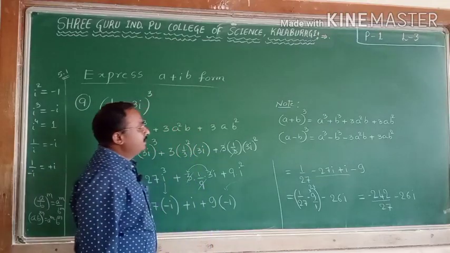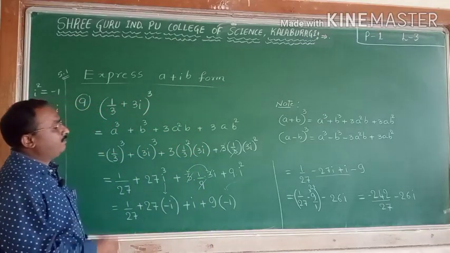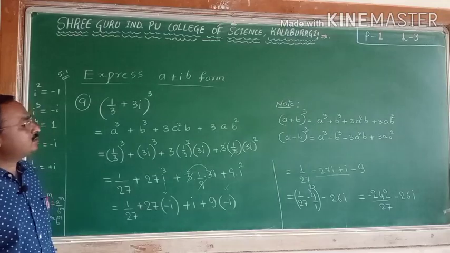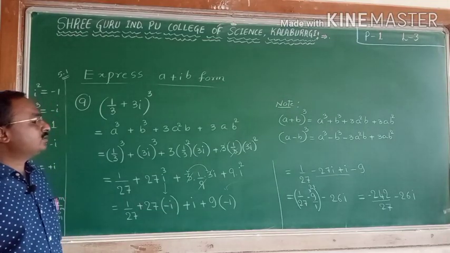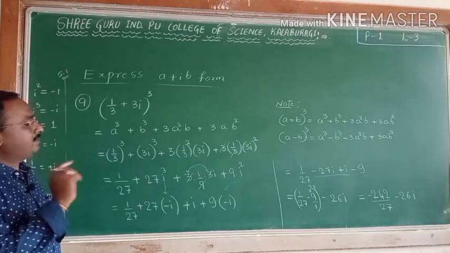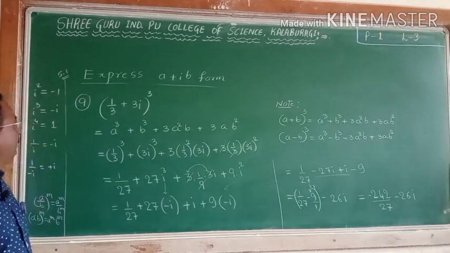Here a plus ib form, that is a is minus 242 divided by 27, b is minus 26.